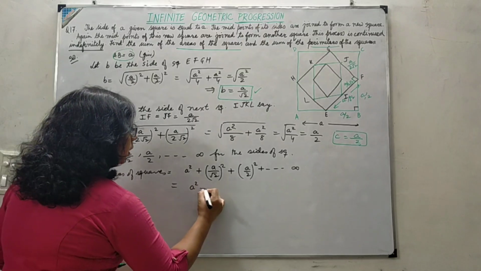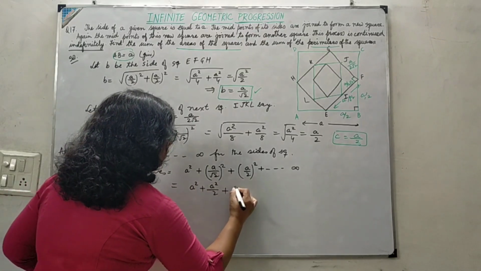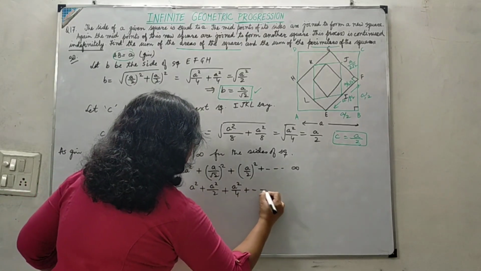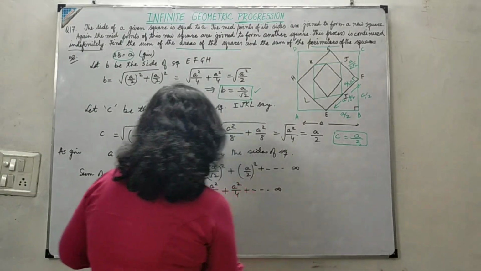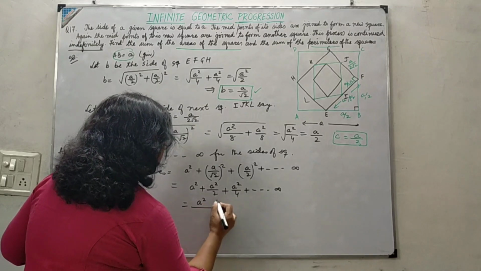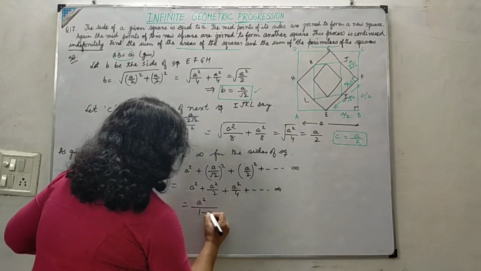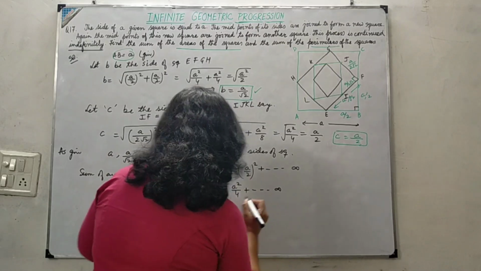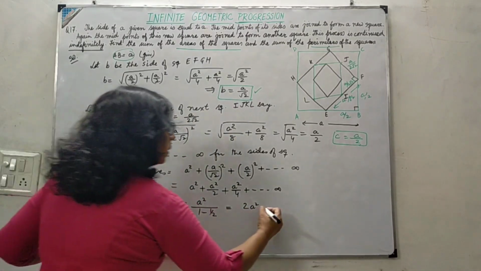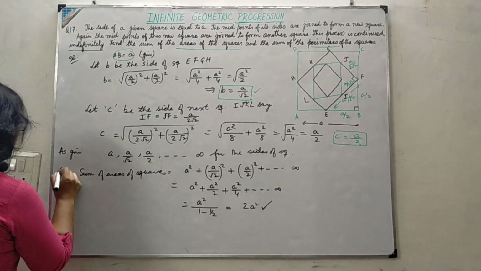Now this is A square plus A square by 2 plus A square by 4 and so on. You can see this is an infinite GP with first term A square and common ratio half. So A square divided by 1 minus half, that is 2A square. So the sum of all areas, this is your first answer.